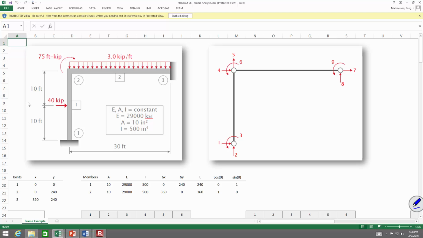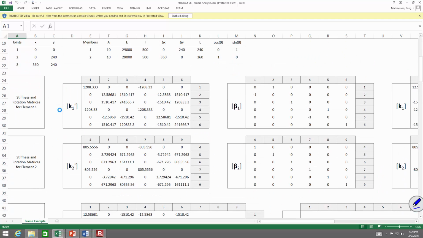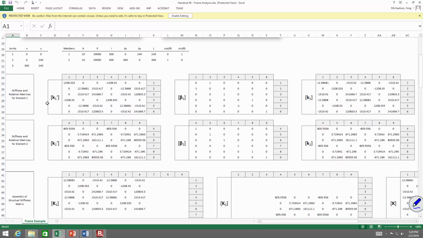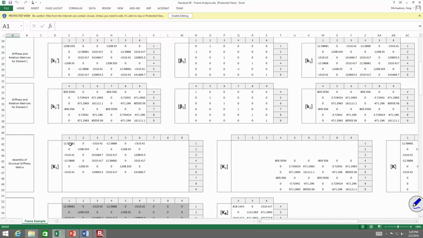Let's also talk about member coding. So its first element is associated with 1, 2, 3, 4, 5, 6. Second one, 4, 5, 6, 7, 8, 9. Everybody see that? So the assembly will be pretty simple, okay? Let's walk through that. Starting off with element number 1, remember, local stiffness matrix, rotate it into a global stiffness matrix, and then those terms go right here, right there, 1, 2, 3, 4, 5, 6.